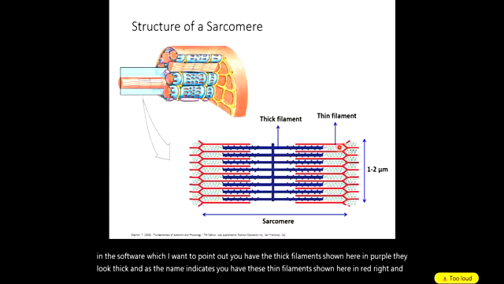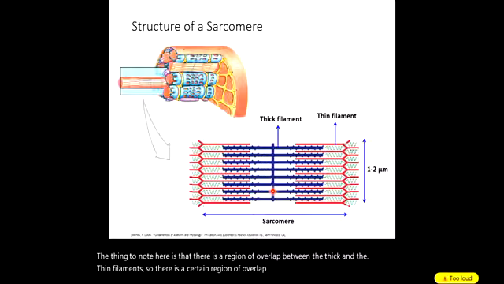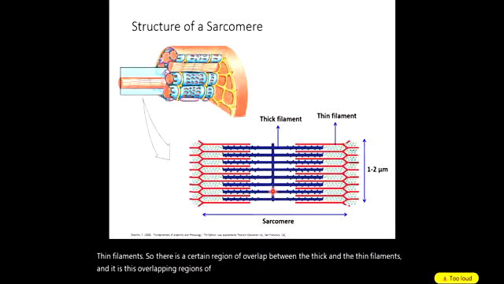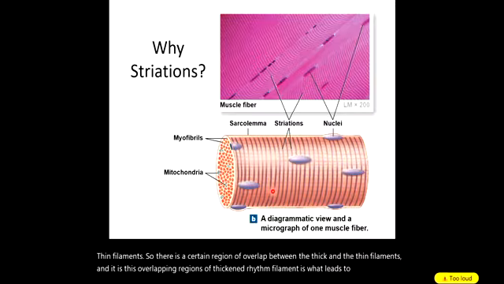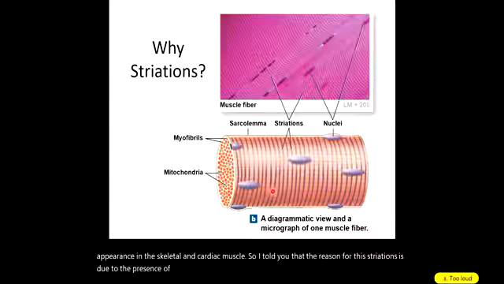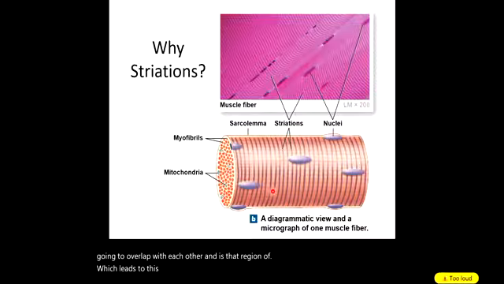The thing to note here is that there is a region of overlap between the thick and the thin filaments, and it is this overlapping region of the thick and the thin filaments that leads to the striated appearance in skeletal and cardiac muscle. So I told you that the reason for the striations is the presence of sarcomeres. Sarcomeres have thick filaments and thin filaments, and they overlap with each other, and it's that region of overlap which leads to this striated appearance.